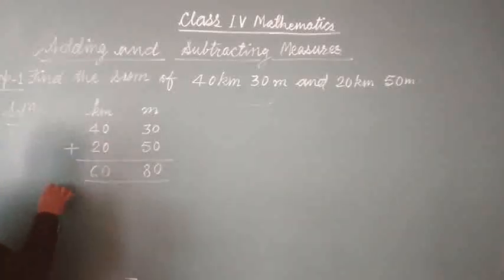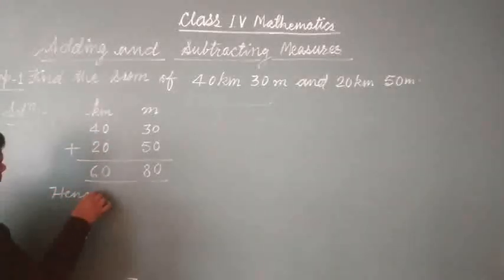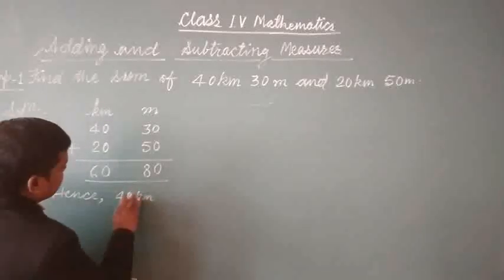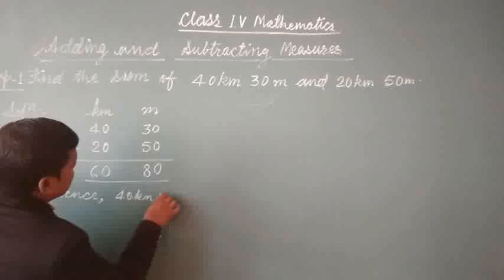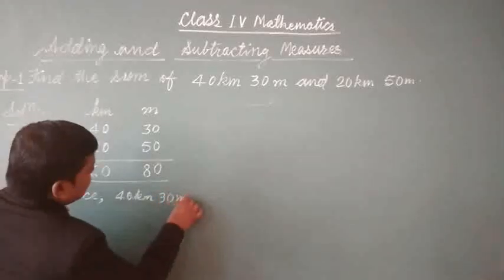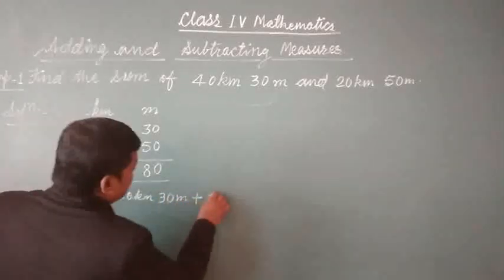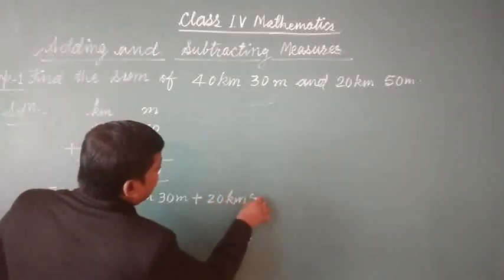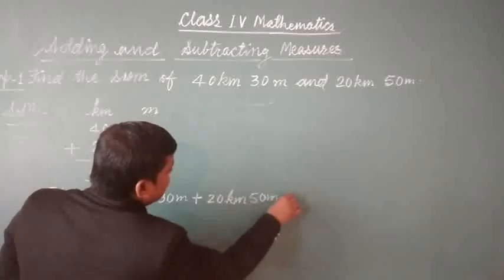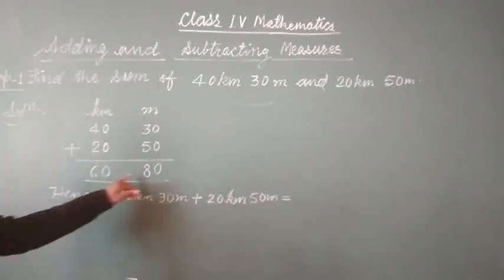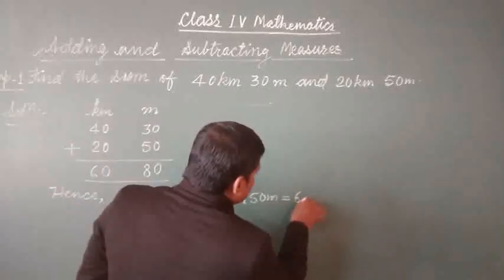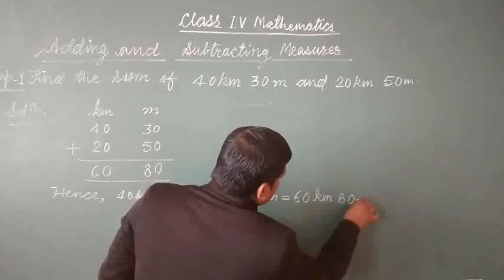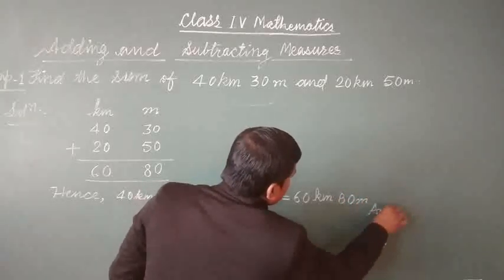Hence 40 kilometer 30 meter plus 20 kilometer 50 meter is equal to 60 kilometer 80 meter, and this is the required answer.